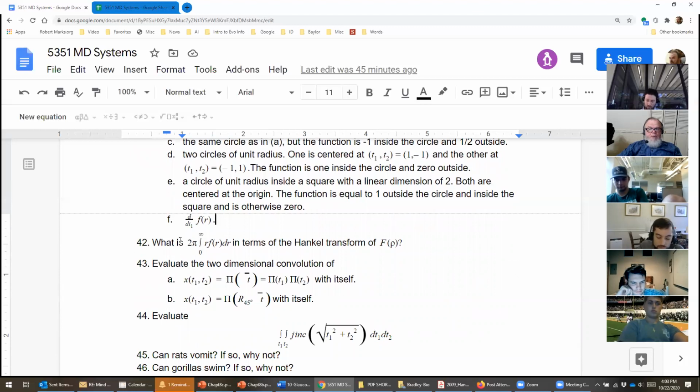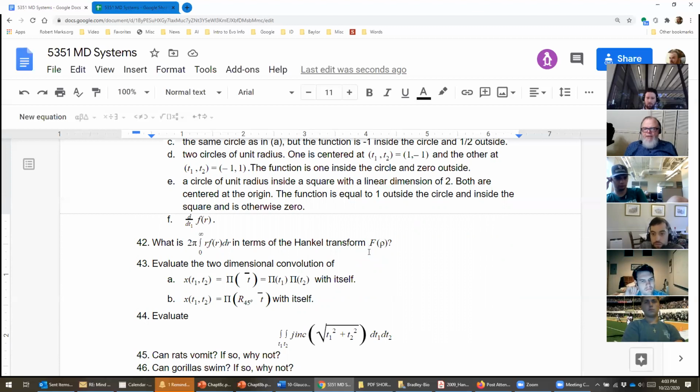Then let's look at 42. What is this integral in terms of the Hankel transform? It's not of f of r, but the Hankel transform F of rho. Do you remember we had the integral theorem in one-dimensional Fourier analysis, two-dimensional Fourier analysis also, that if you wanted the area of a function, you just had to look at its transform at the origin, right?